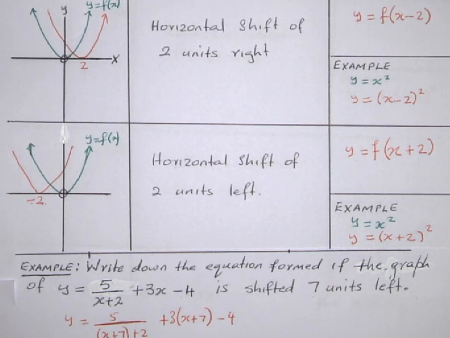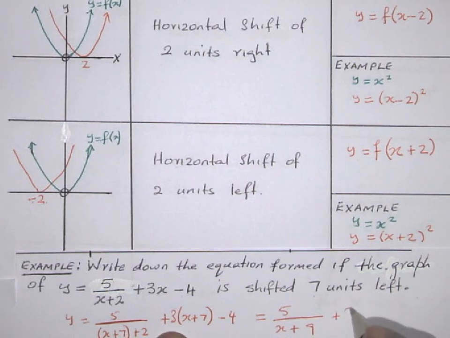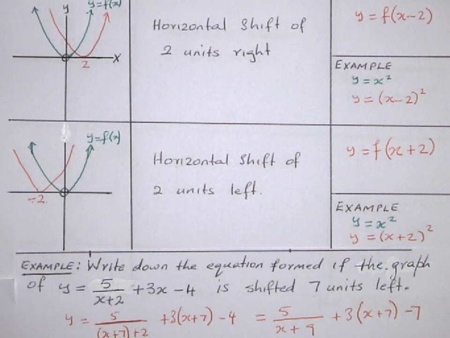So you can simplify this if you like. It becomes 5 over x plus 7 plus 2, which will be x plus 9, and this will be plus 3 into x plus 7. We can leave it like that. It makes things simpler for us to read.